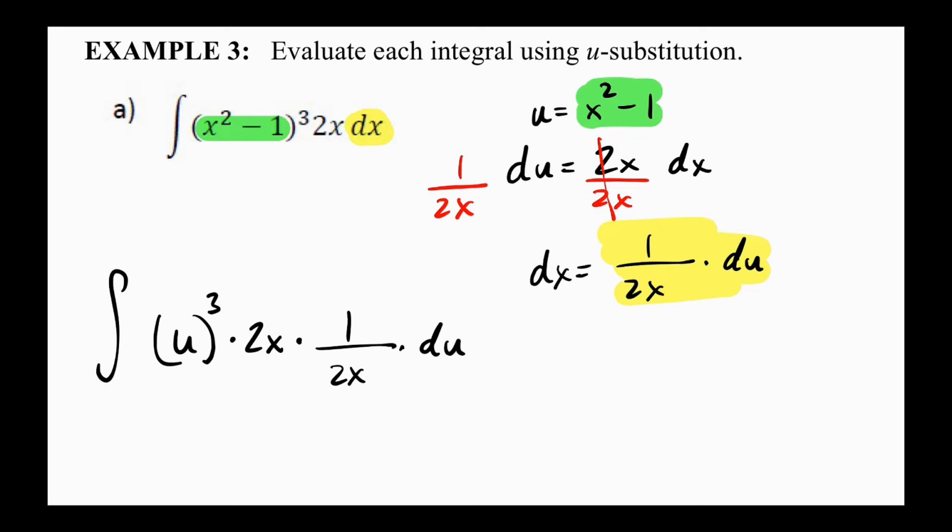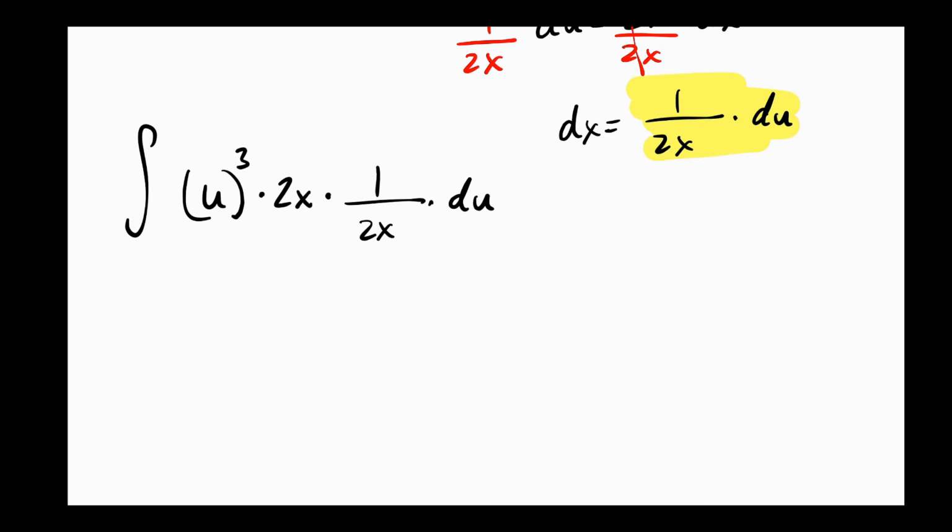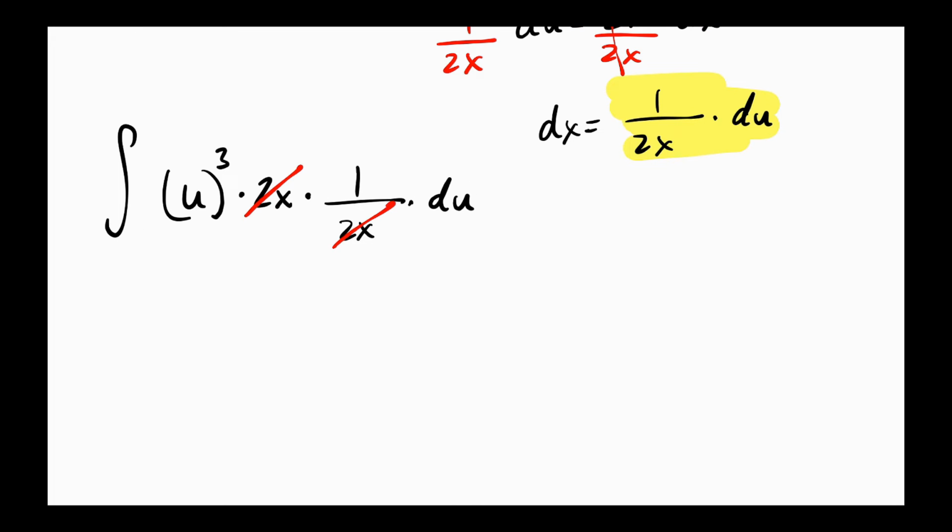Okay? That's step 5. Is there anything that will cancel out? Can I simplify it at all? Yep, this guy cancels out with this guy, right? They're not there anymore. So now I have u to the third power du.